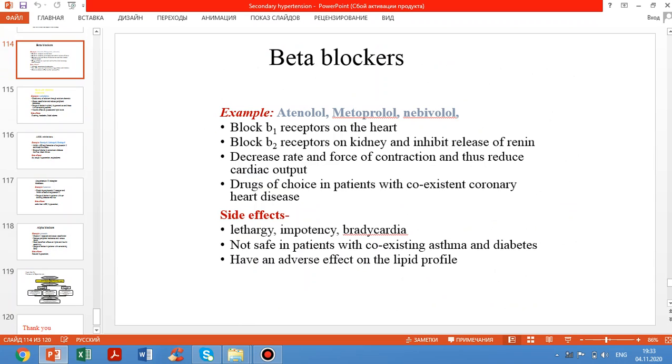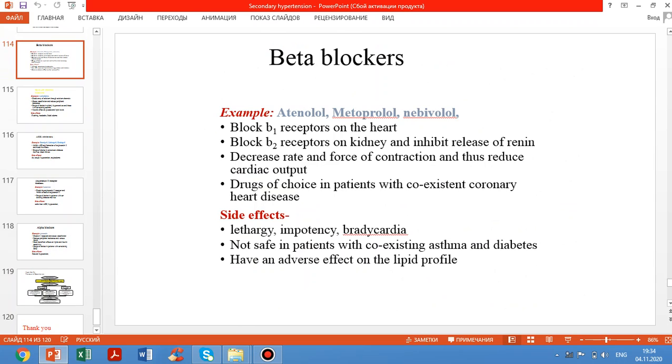Beta blockers: atenolol, metoprolol, nebivolol. They block beta-1 receptors on the heart, block beta-2 receptors on kidney and inhibit release of renin, decrease the rate and force of contraction and thus reduce cardiac output.